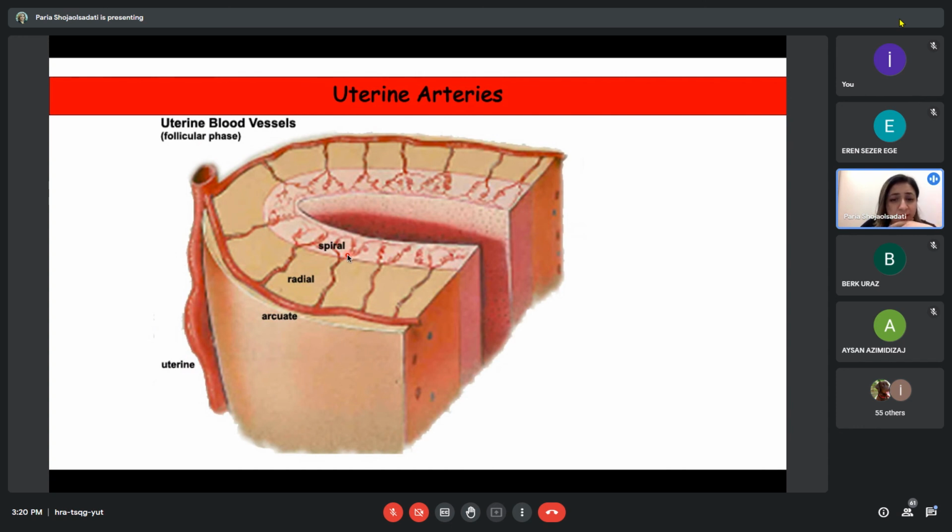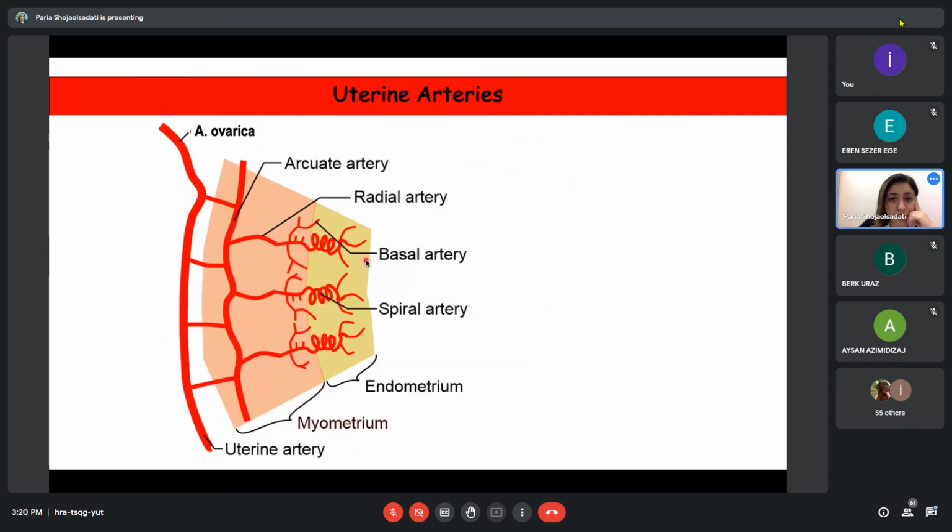In each cycle, this spiral branch is the main cause of the bleeding during the menstrual periods. You can see the different parts of the artery.